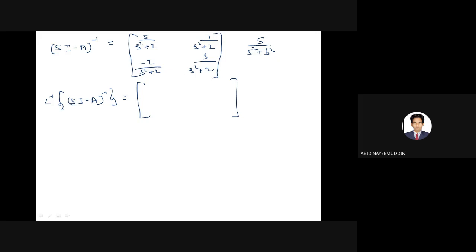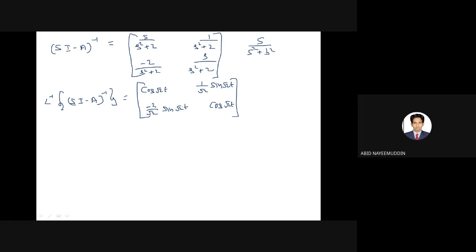Then the formula for that one will be cos of root 2 into t. For this one, 1 by root 2 into sine of root 2 into t. For this one, minus 2 by root 2 into sine of root 2 into t. And for this one, once again simply cos of root 2 into t.